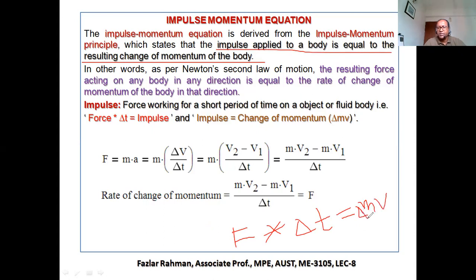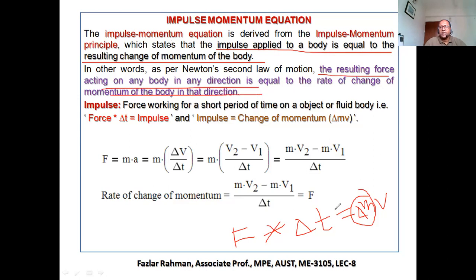Normally mass does not change, only velocity changes, right? And this impulse momentum equation you can also explain in terms of Newton's second law. The second law says the resulting force acting on the body in any direction is equal to the rate of change of momentum in that direction.